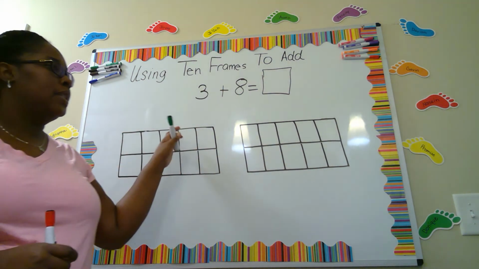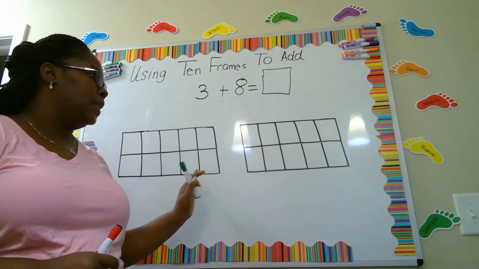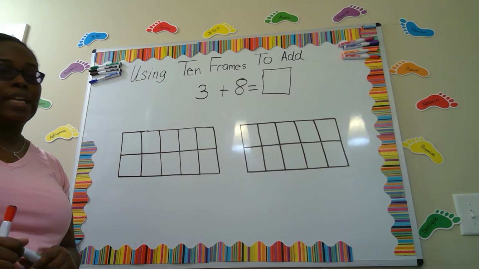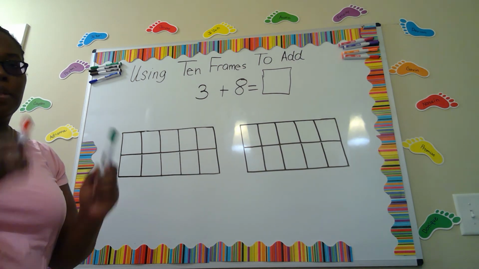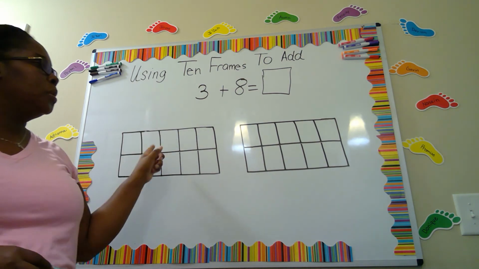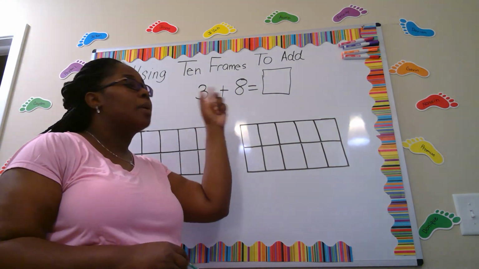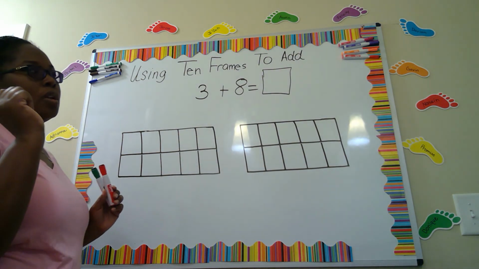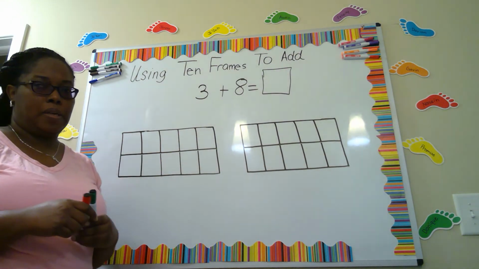I'm going to fill this up and once I fill this up, if I still need more to count out 8, I will come over to my second 10 frame, okay? So, what you're going to do, you're going to model how to use the 10 frames to model 3 plus 8. When you think you have it, you may hold your book up for us, okay?